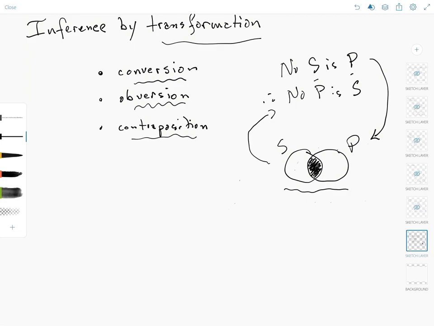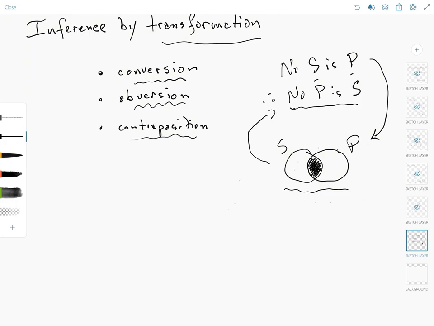So look at the thought process here. If no S is P were true, then this diagram represents the relation between S and P, and the shading here in the middle means that that region is empty. And if that region is empty, then it can't possibly be false that no P is S. Why? What would make no P is S false?